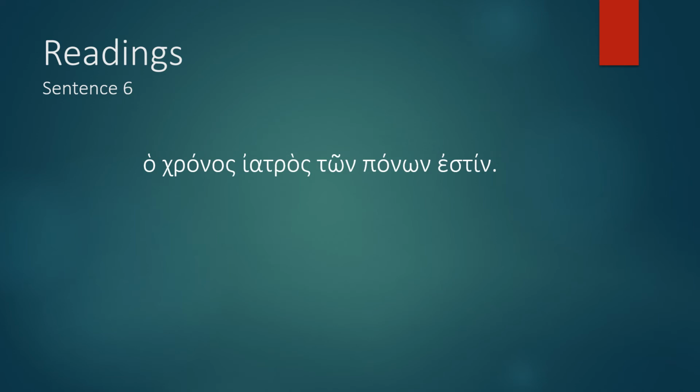Chronos, the only option there, and this is nice to have only one option. The only option for chronos is nominative singular. Iatros, similar ending. I'll just identify this as nominative singular as well.